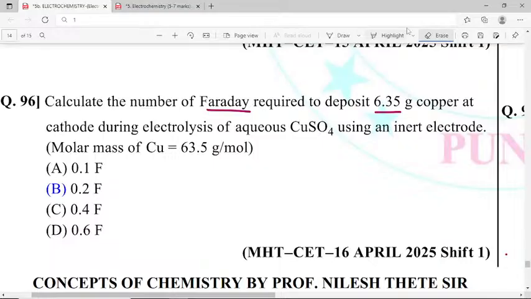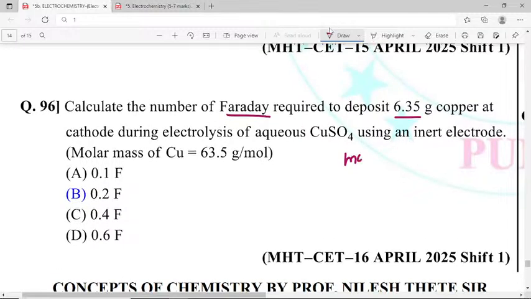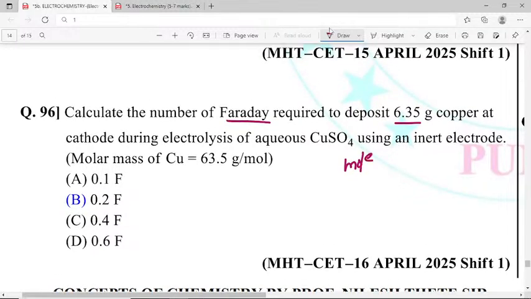First we have to calculate the mole here, and then compare the mole. So mole is equal to 6.35 divided by 63.5. So how much here? 0.1, 0.1 mole.